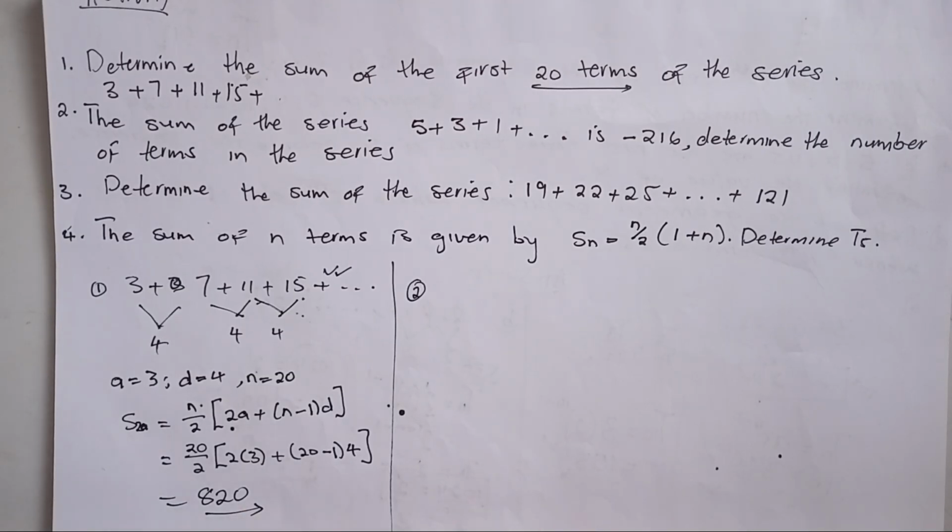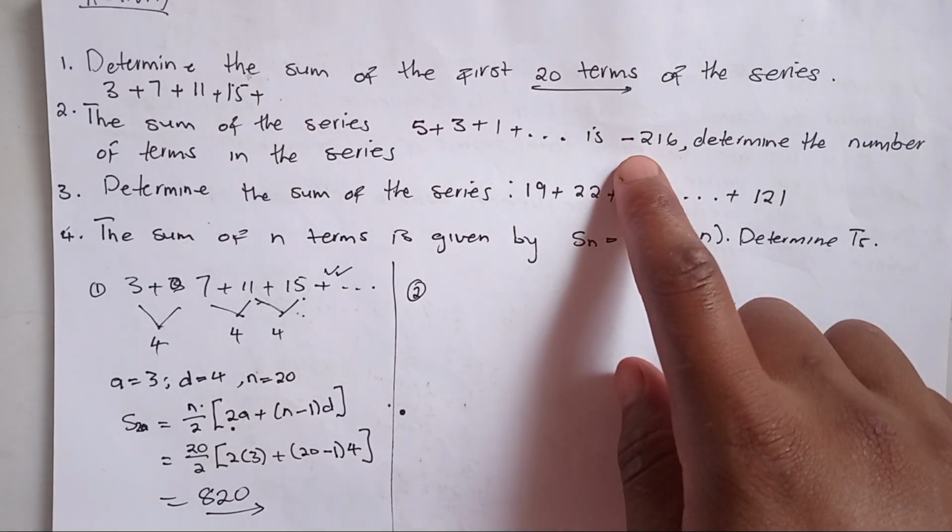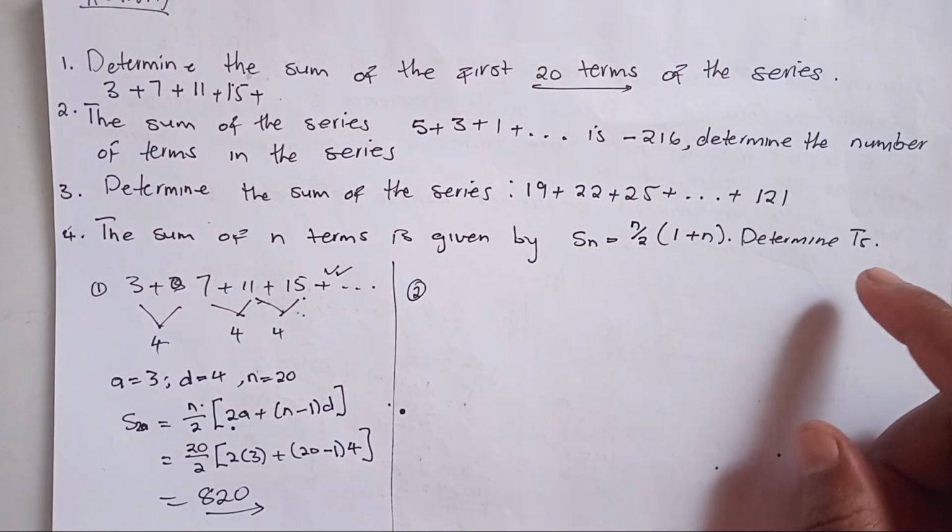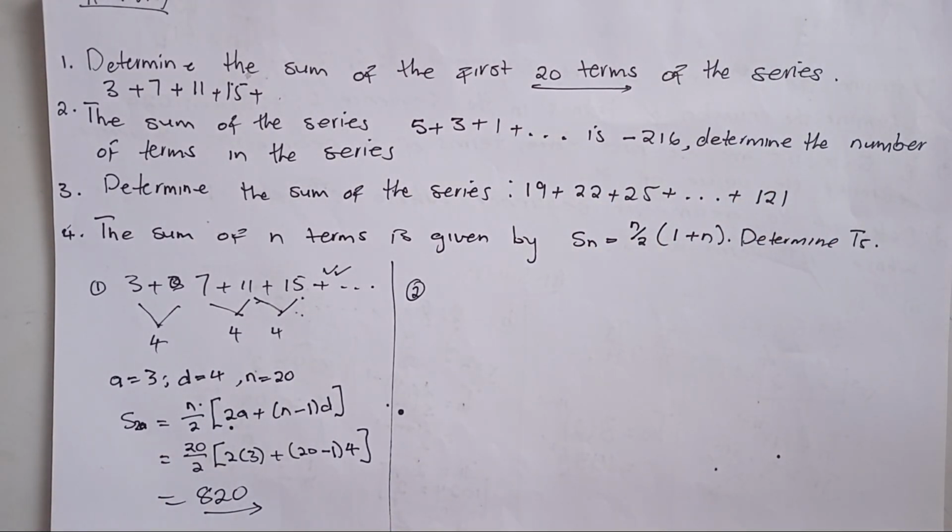The sum of the series 5, 3, 1, etc. is minus 216. Determine the number of terms in the series.